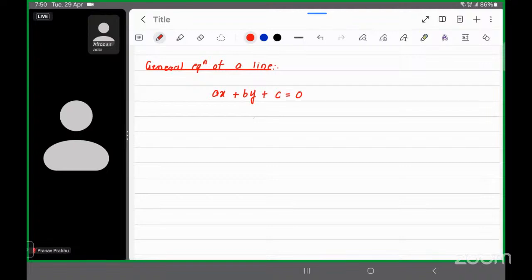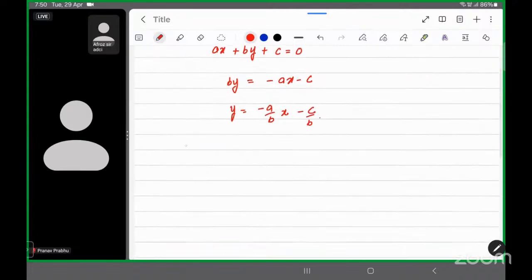From that, if I convert this into by equals minus ax minus c, after dividing by b, y equals minus a by b x minus c by b, then I get that the slope of the line is m, which equals minus a upon b.